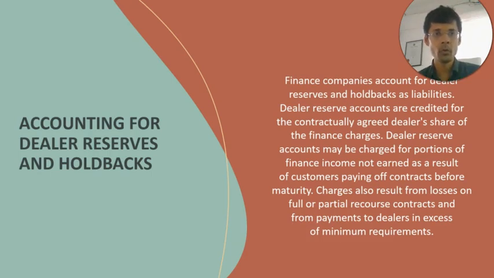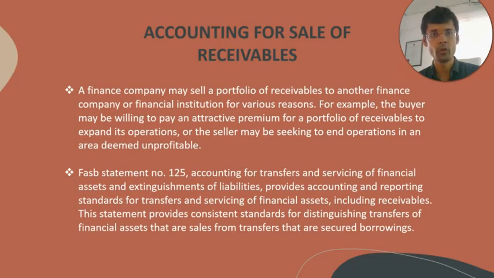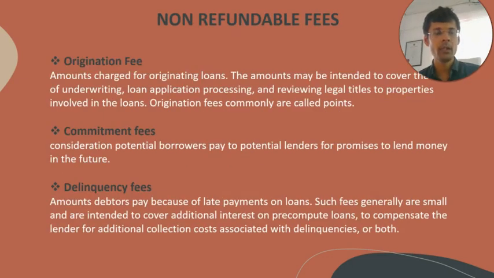So there would be some holdbacks as well. Sometimes there are holdbacks and reserves that are being held back by finance companies. We need to make sure that those are not expensed out to the income statement, and they are kept as an asset that will be received in future. And then again, this relates to factoring, and then there will be various fees that need to be paid.